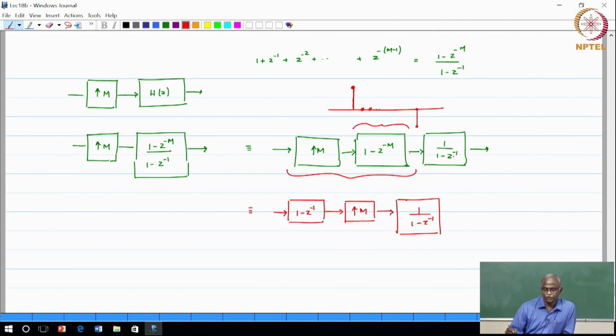That is the impulse response of this block. What is the impulse response of this block? It is a 1 1 1 1 and so on, okay, and this is an integrator, basically adds all the past samples. So, this is what you would call an integrator.